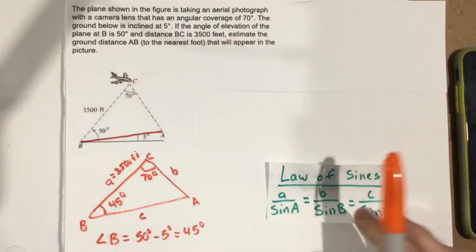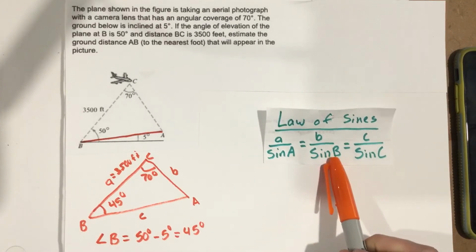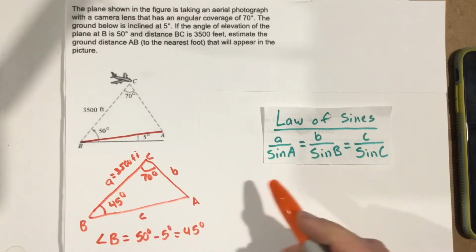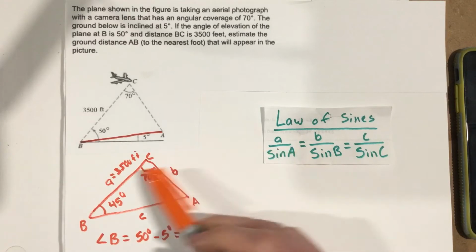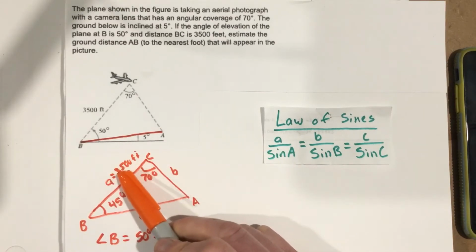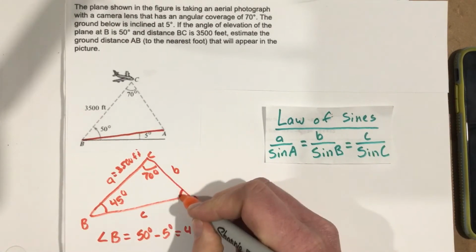Now the law of sines requires either 2 angles or 2 side lengths. In this case, we have a couple of angles, but it requires a specific angle, one that is across from one of the distances you know. So we really need this angle here, angle A.